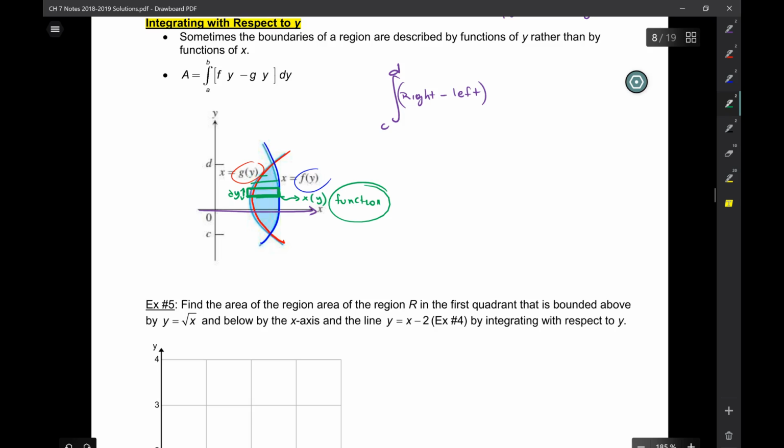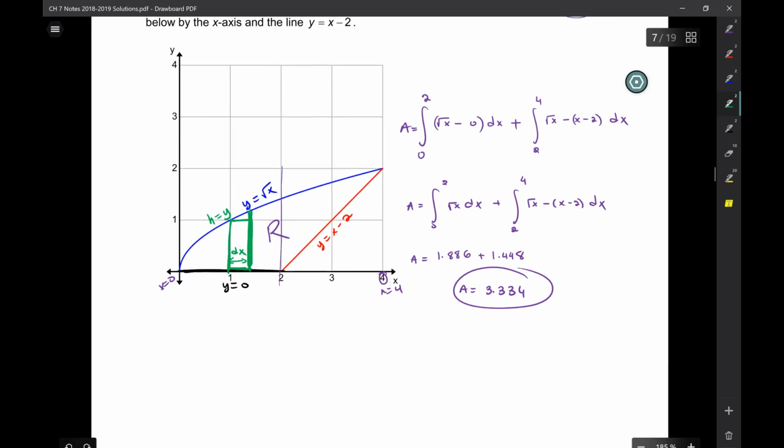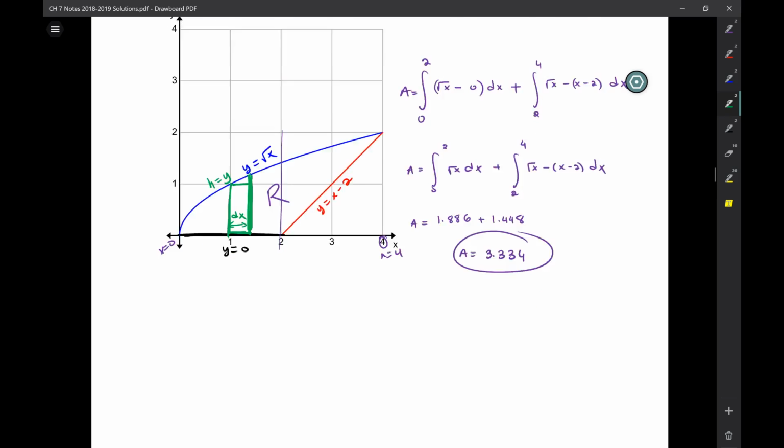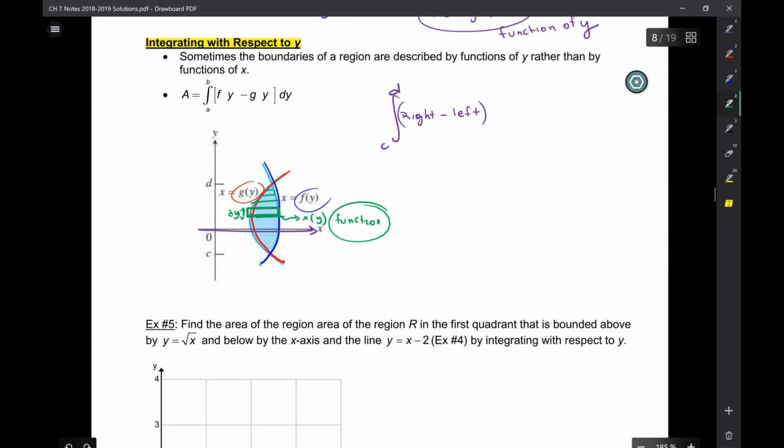I incrementally add the little dy's. It was the dx's that we were adding from 0 to 4. Now everything is turned, and it's the dy's that we are adding from C to D.